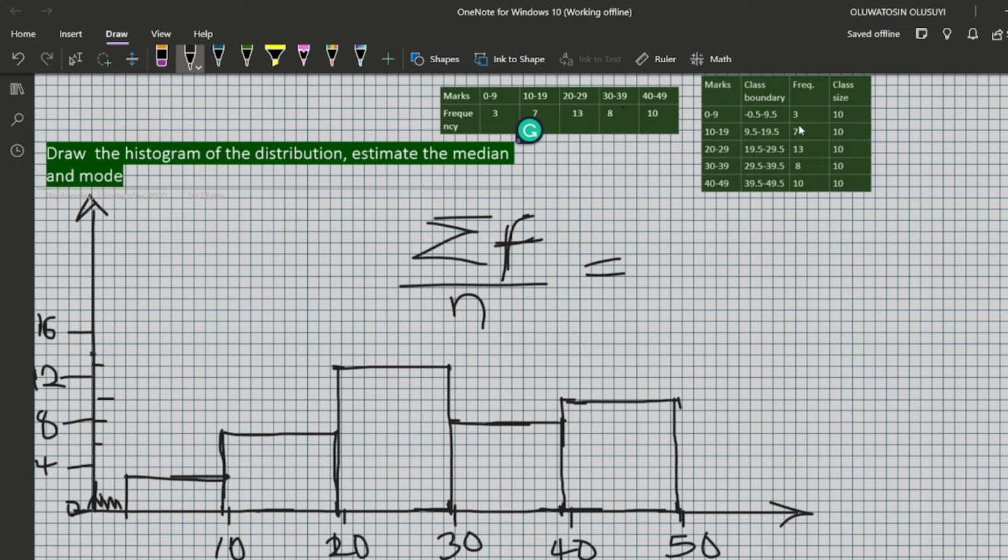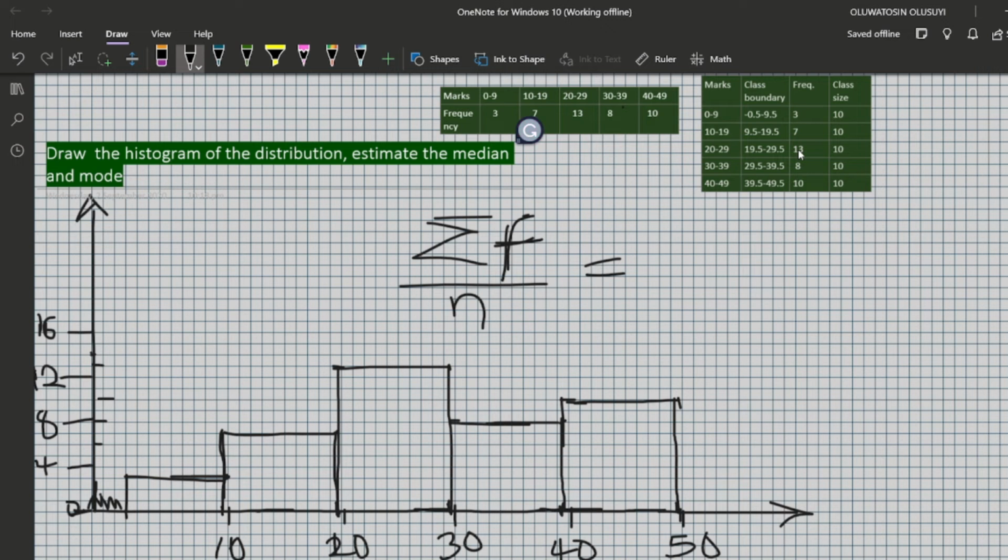This is 3 plus 7, 10. 10 plus 10, 20. 20 plus 13, 33. So I have 10 plus 13 plus 18.